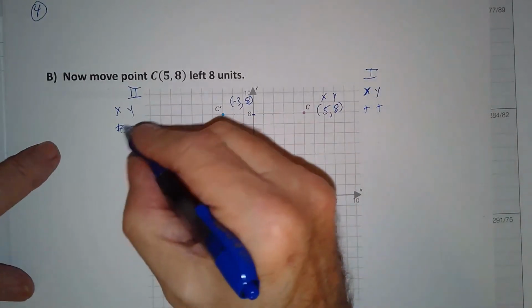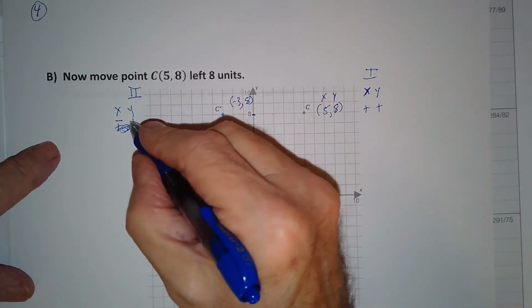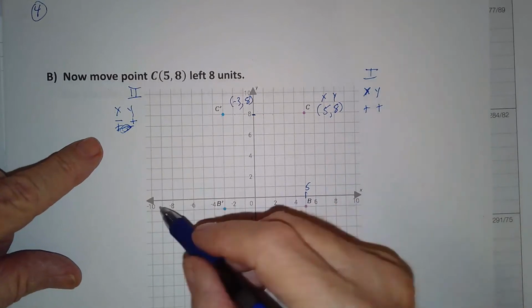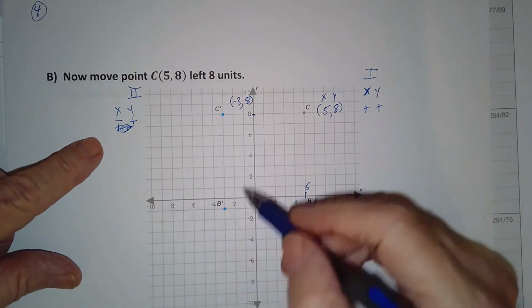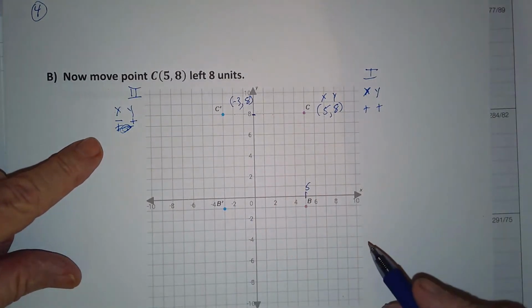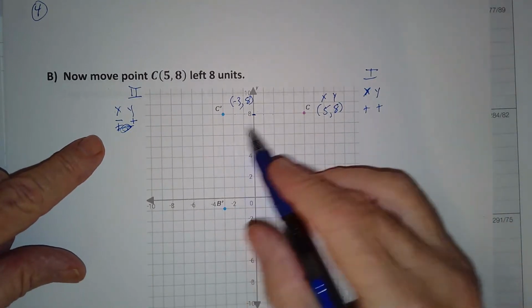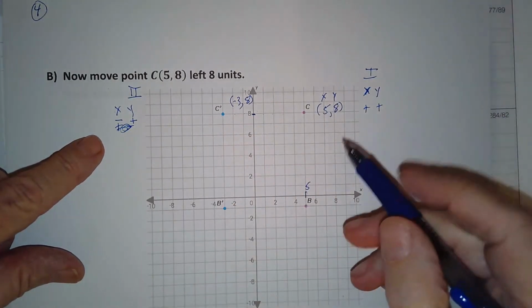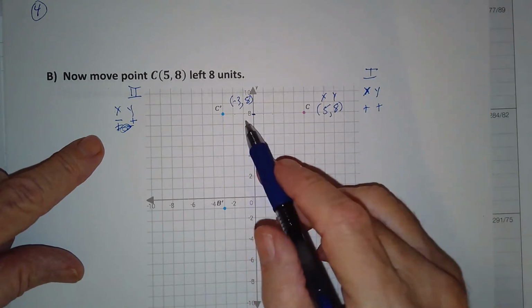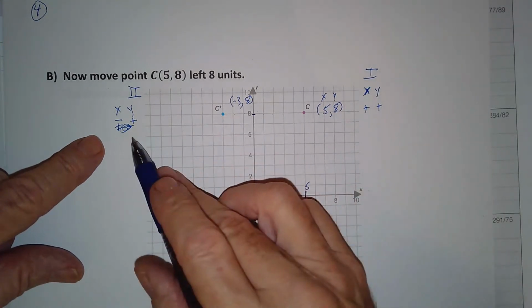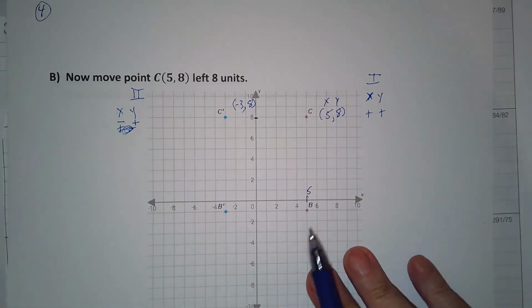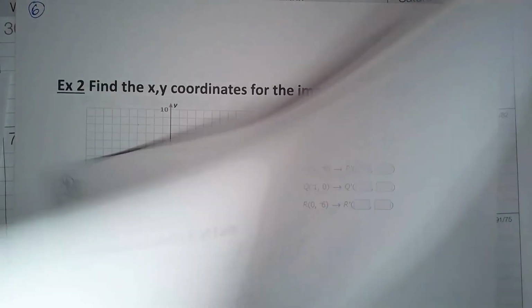I wrote this down wrong. X is negative, Y is positive over here, because these are all X values and they're all negative. So X is negative, Y is positive. Okay? So now we have C prime in the correct quadrant, and the negative and positive values match up perfectly. All right. So let's move on.